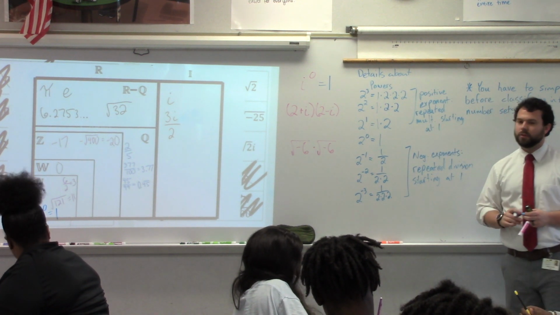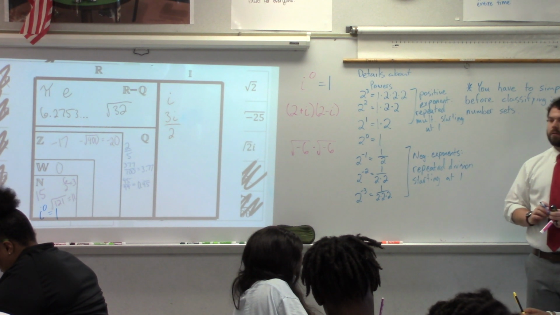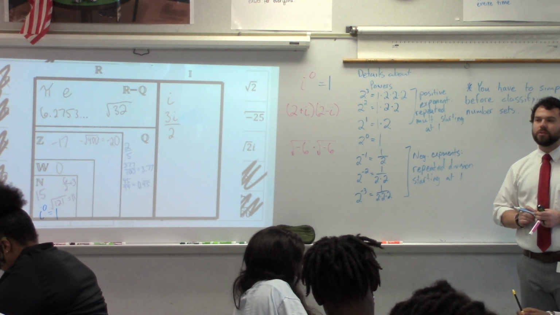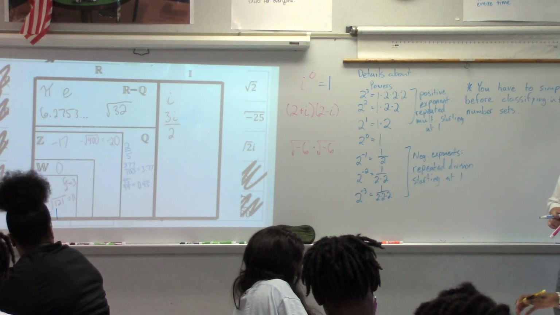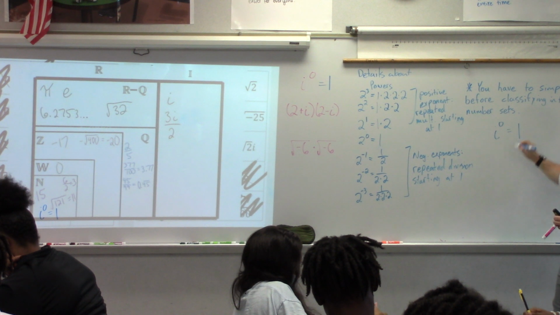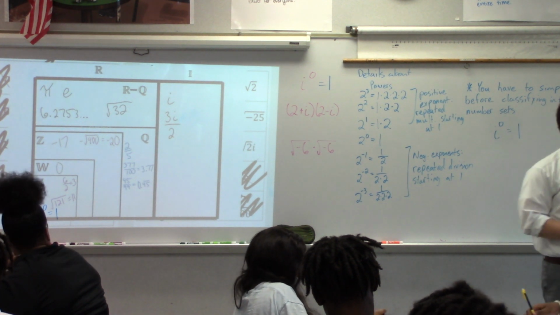That's why 2 to the 0 is just 1. And notice that's just using base 2. You can use any base to explain this. But that's why i to the 0 is just 1. I'm multiplying by 0 i's.